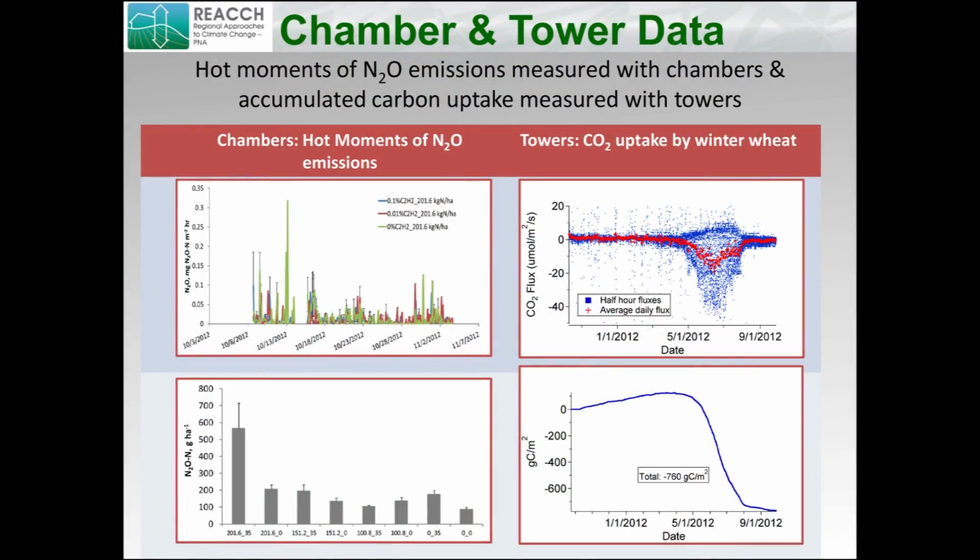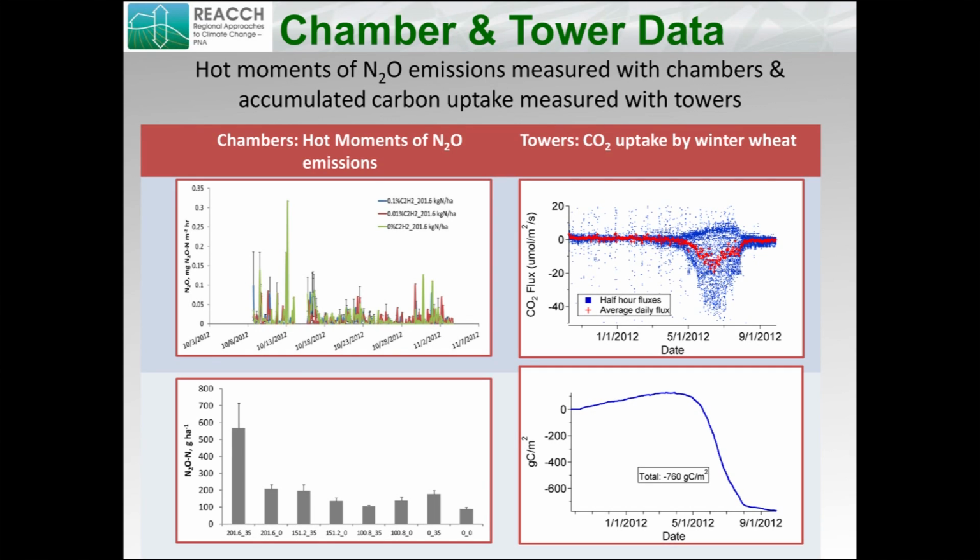This graph shows a time series of half-hour fluxes measured at Cook Farm over the whole growing season. The positive values indicate net loss of CO2, so respiration, and the negative values indicate uptake of CO2 by photosynthesis. Over the winter and before the growing season starts, it's around 0.